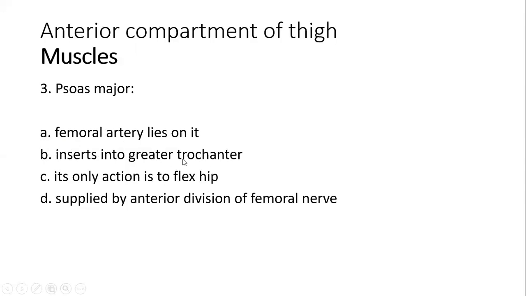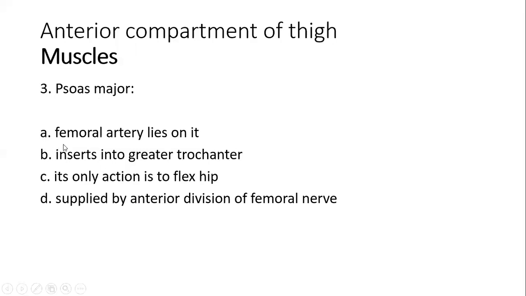It gets inserted into the lesser trochanter. Its only action is to flex hip? No, it not only acts at the thigh to flex it at the hip joint, but it also helps to flex the trunk over the hip joint. Supplied by the anterior division of the femoral nerve? No, femoral nerve does not supply psoas major. Actually, it receives direct innervation from the lumbar plexus.